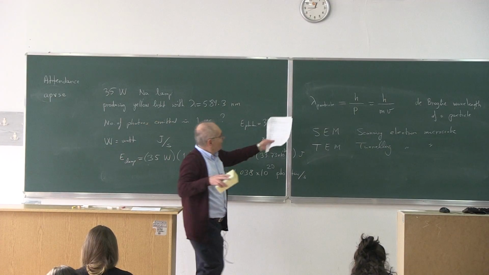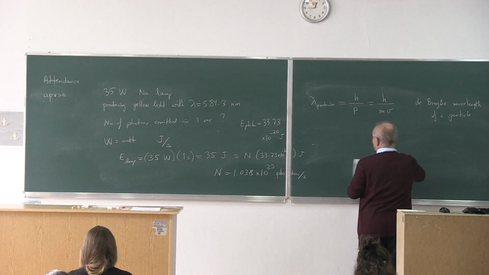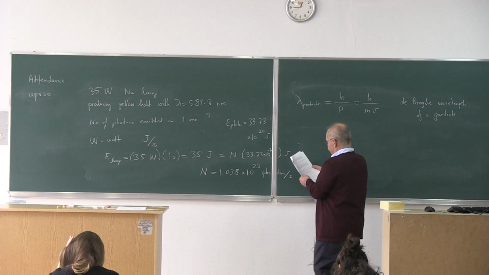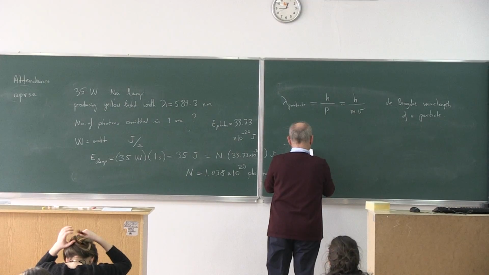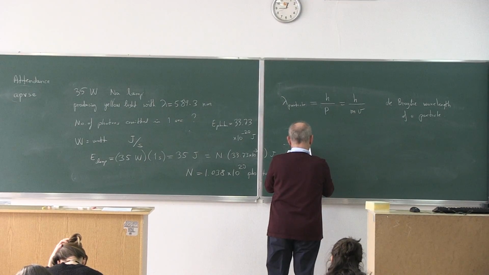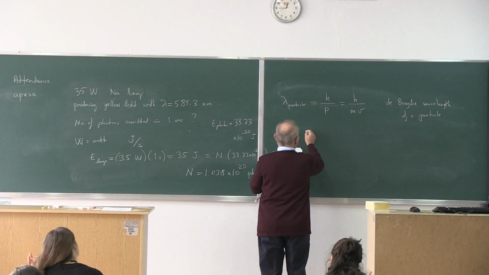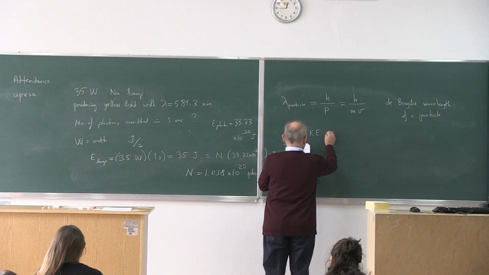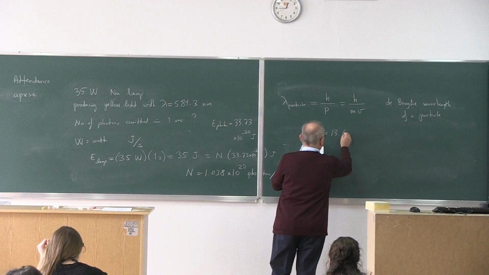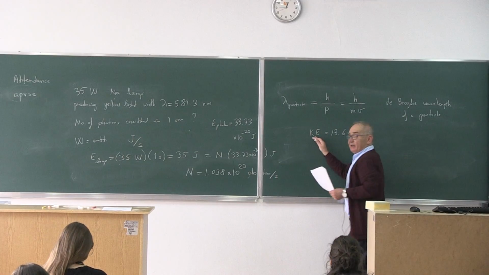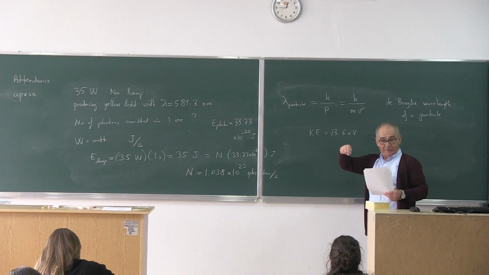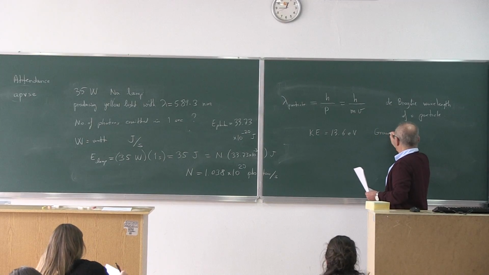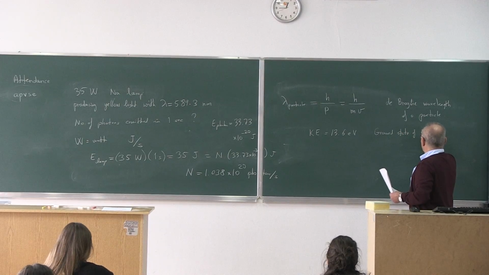Okay, let us have an example about wavelength of a particle. Kinetic energy of electron, this is the average kinetic energy of electron in the ground state of hydrogen atom.